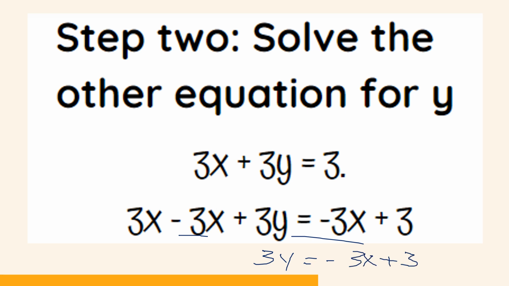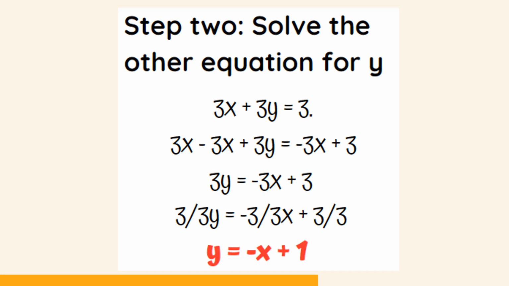What comes next? What do you think? Division, that's right. So here, we're dividing everything by 3. 3 divided by 3 gives us 1y. We don't write that 1 down. It's understood. Negative divided by positive is a negative, so we got that taken care of.